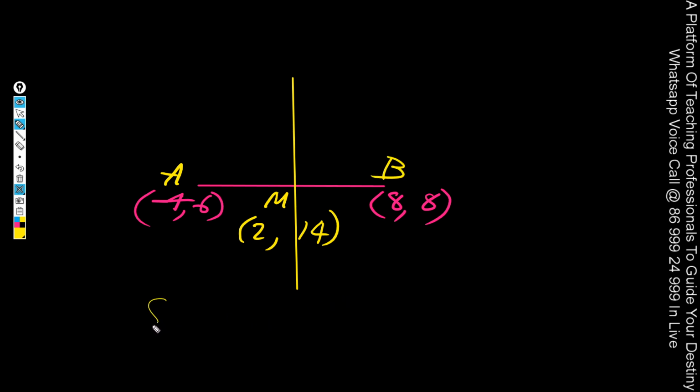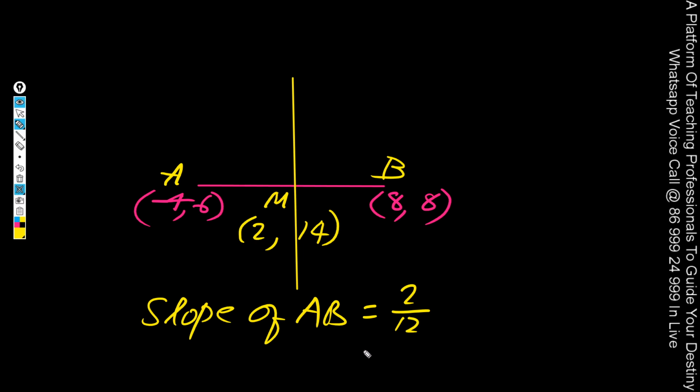Slope of AB is equal to 8 minus 6, 2, by 8 plus 4, 12. So slope of AB is 1 by 6. And the slope of this, which slope? The perpendicular slope. I am writing it as M here. M is minus 6 because it is perpendicular. The product of the slopes of two perpendicular lines is always minus 1.